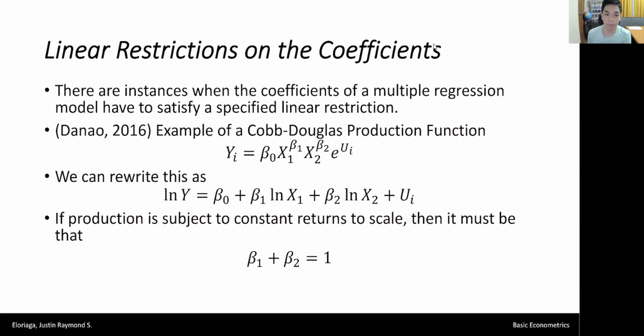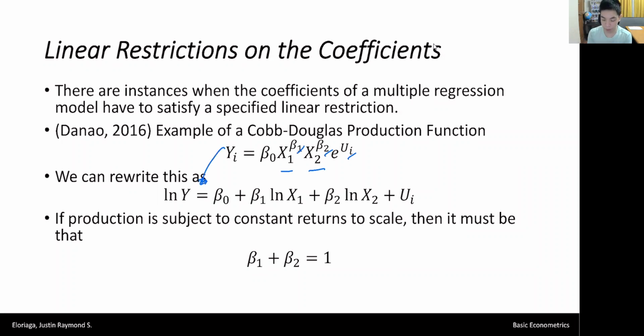So for example, think of a Cobb-Douglas production function. You have here, say, two factors of production, x1 and x2, with their respective elasticities. One way for you to linearize this is to put it in linear form.